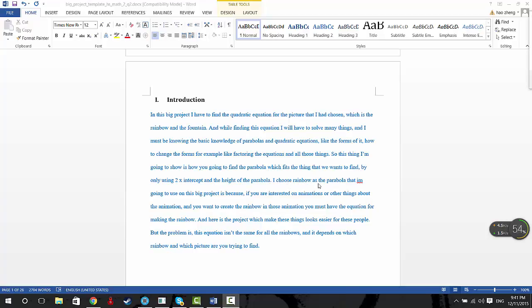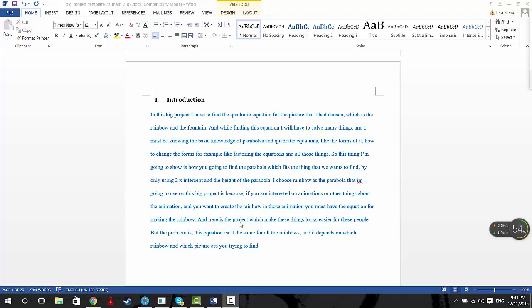I chose the rainbow as my parabola for this big project because if you are interested in animation and you want to create a rainbow in those animations, you must have the equation for making the rainbow, right?